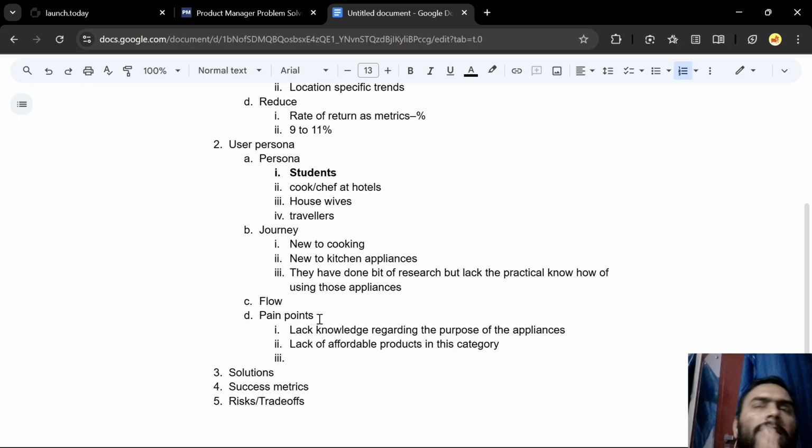And another issue they face is the how to use. If I'm buying a product, how to use it, information regarding the product, regarding the appliance.